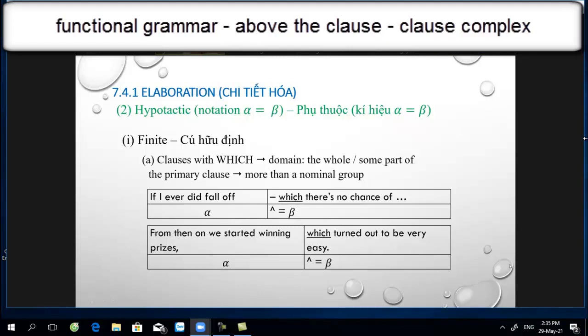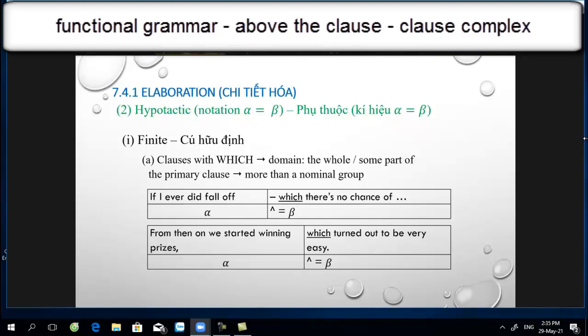Okay, so we move to the next example. From then on, we started winning the prizes, which turned out to be very easy. Can you call me a name, Mr. Yui? Mr. Vin, please. Yes. From then on, we started winning prizes.